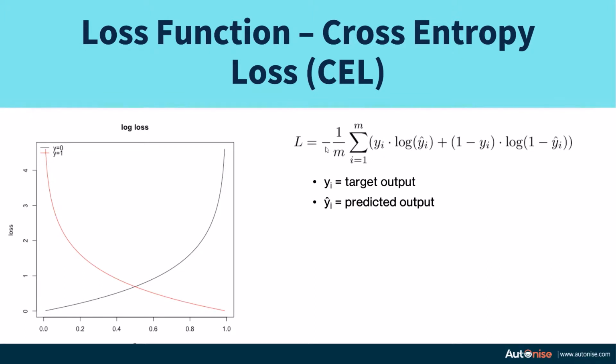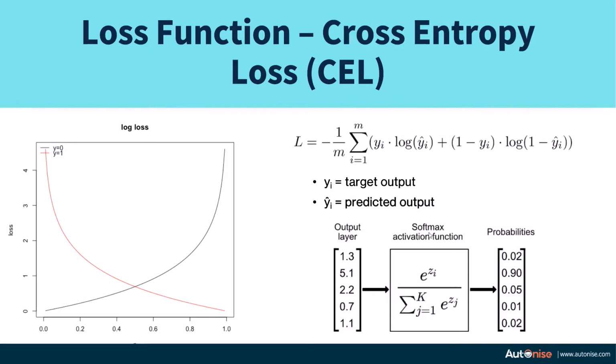So we have just a minus 1 by m log y when the target output is 1, and when the target output is 0, the first term becomes 0, and we have only the second term corresponding to log of 1 minus y. If you try to visualize how these graphs would look, you would get the graphs shown on the left hand side. So this is the mathematical formulation of the cross entropy loss.